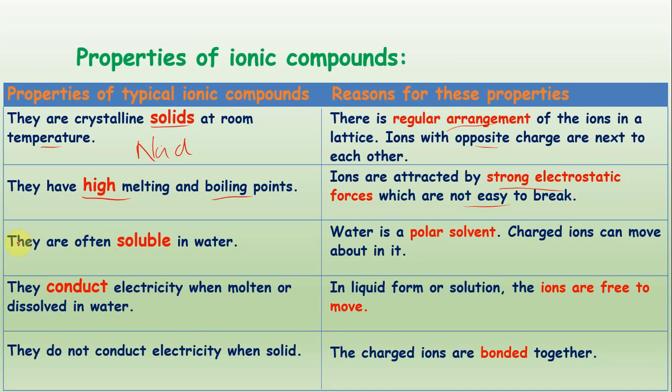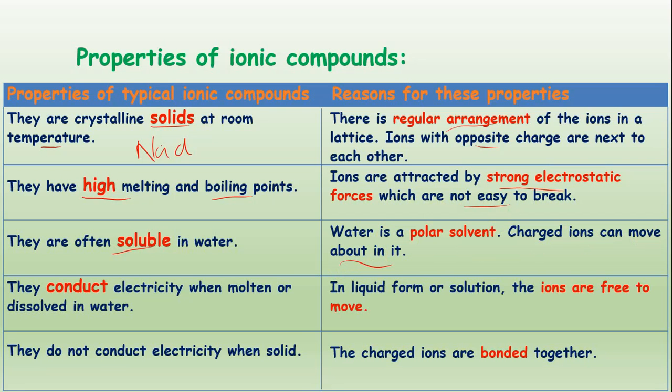Now we are discussing the third point, that they are soluble in water. When you dissolve them, they will be dissolved in water. Water is a polar solvent, charges can move about in it. What do we mean by a polar solvent?